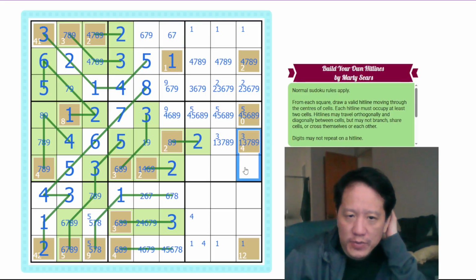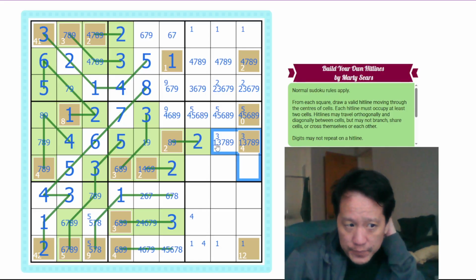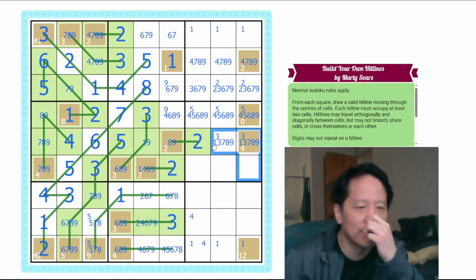So it could do something 1, X, and then 3, and that could work. Or could match a 4.